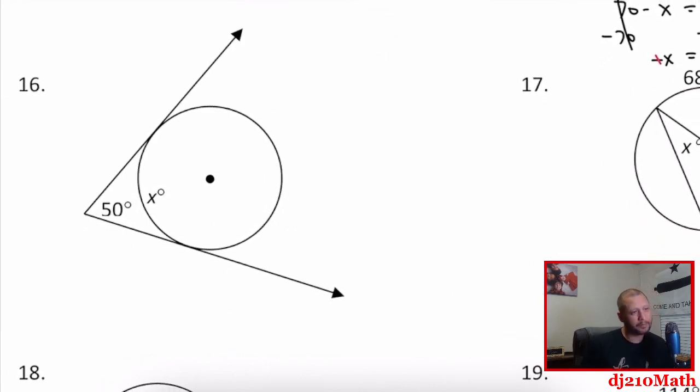All right, 16 is the same thing, right? It just looks a little funny. Right, we have the big arc. We have a smaller arc. And it's always big arc minus small arc. Now, granted, the small arc is X, and we don't know what the big arc is. But I know that there's 360 degrees in a circle.